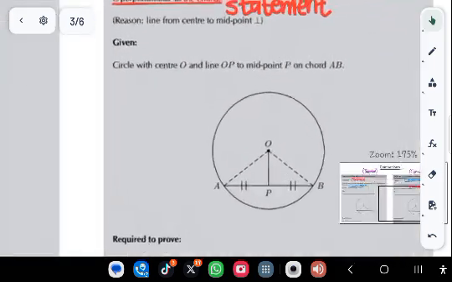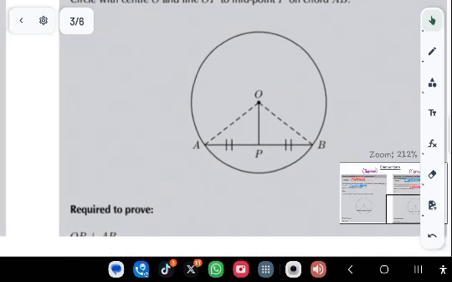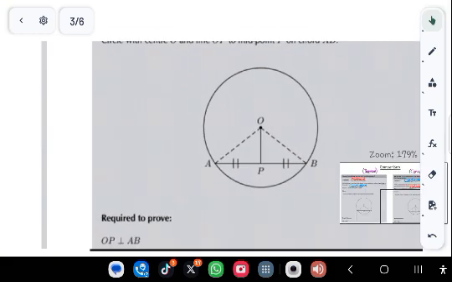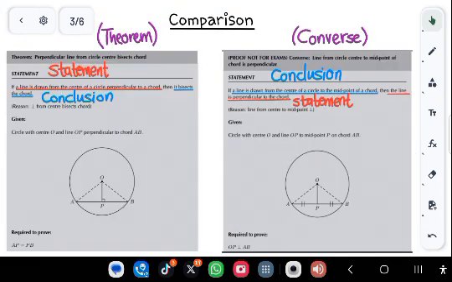So we start with the bisection, meaning AP equals PB, and we are required to prove that angle OPA equals angle OPB, which is supposed to be 90 degrees, meaning that OP is perpendicular to AB. So that is how the theorem compares to the converse. This is theorem number 1 and this is theorem number 2, the one that this video is about.